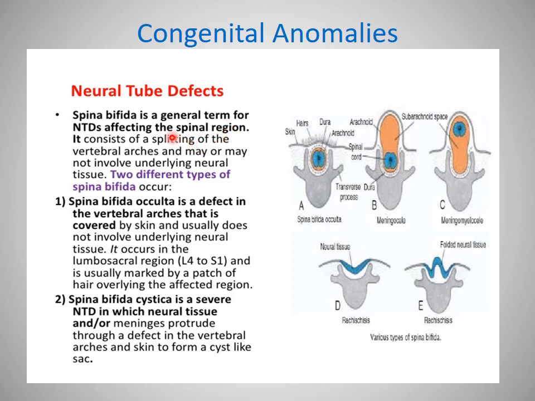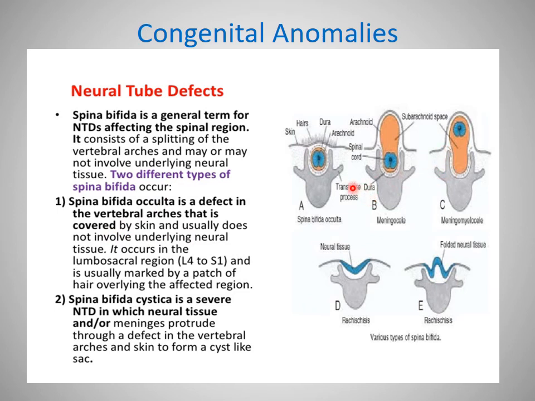Spina bifida is a general term for neural tube defects in the spinal region, and it consists of a splitting of the vertebral arches and may or may not involve the neuronal tissue. There are two types of spina bifida: spina bifida occulta and spina bifida cystica.